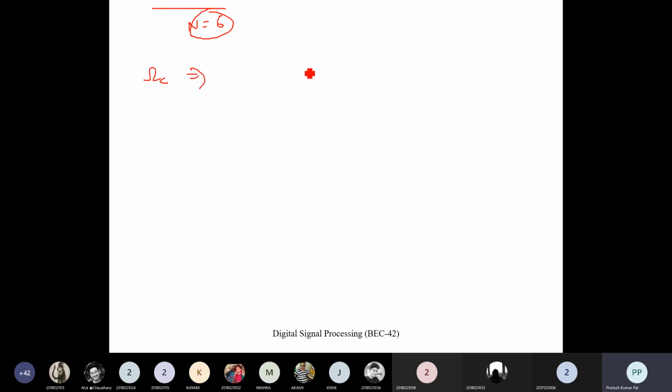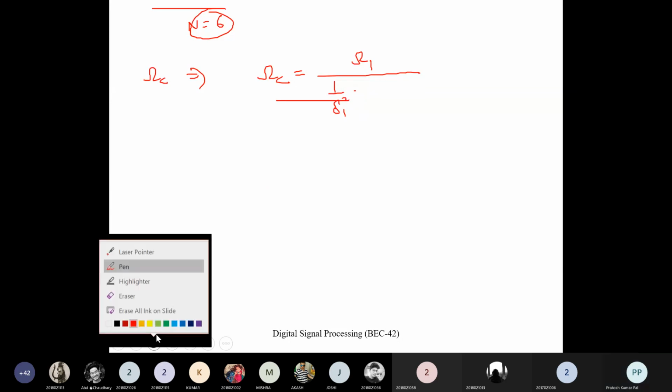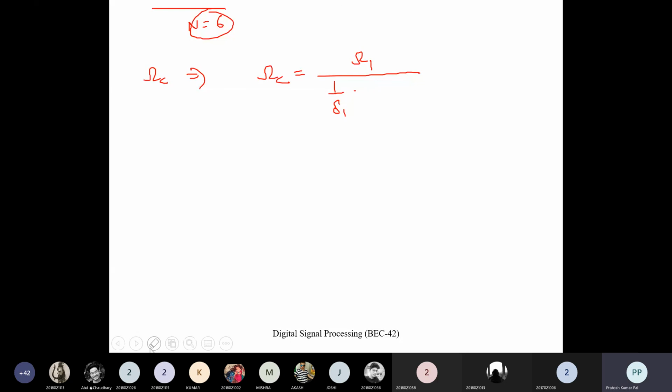The cutoff frequency is given by the formula omega 1 divided by, 1 by delta 1 whole square minus 1, to the power 1 upon 2n.